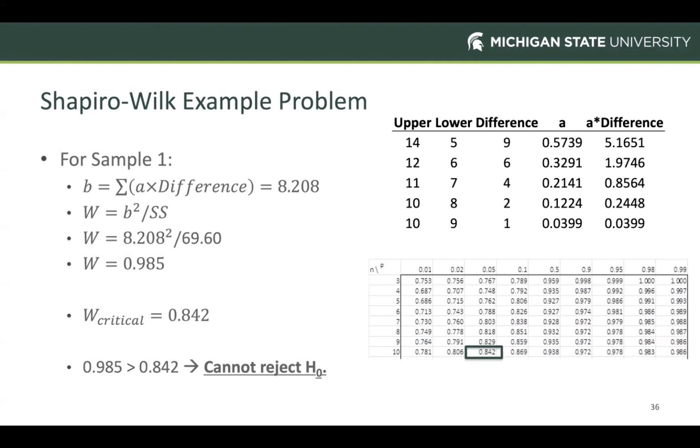As it turns out, in this case, we're significantly larger than that value, and consequently, we cannot reject. And so for this sample of size 10, we don't have any reason to strongly suspect that that normality assumption is a poor assumption. And so it seems like it would be fair for us to use any of the parametric tests we have talked about up to this point in the course. Okay.